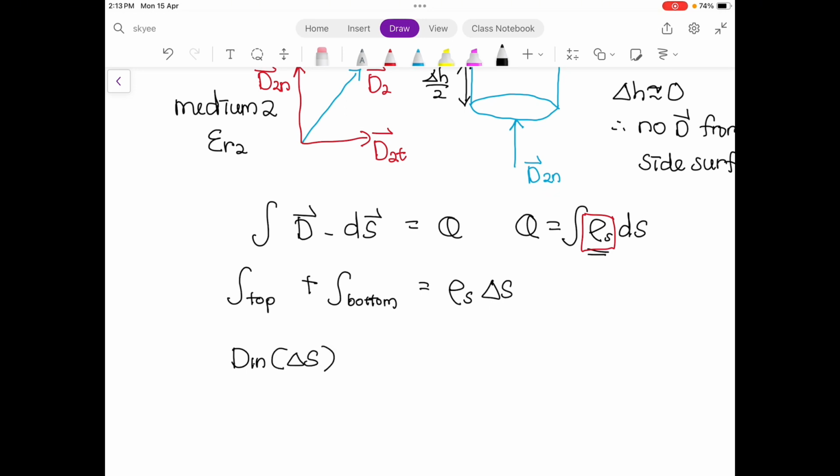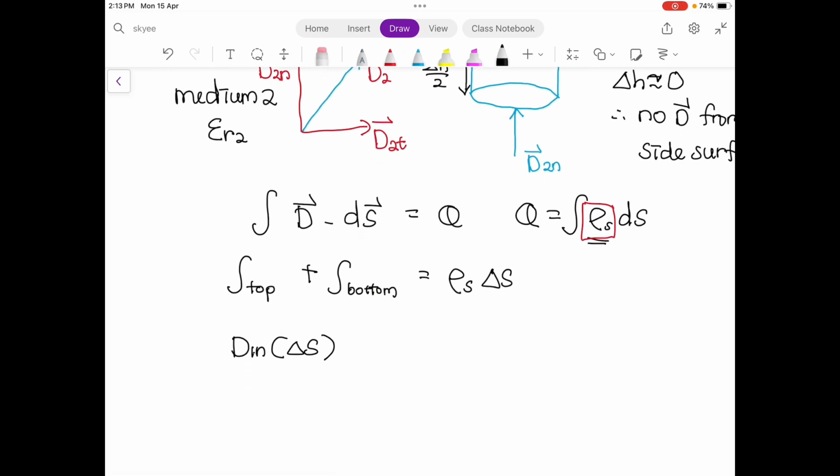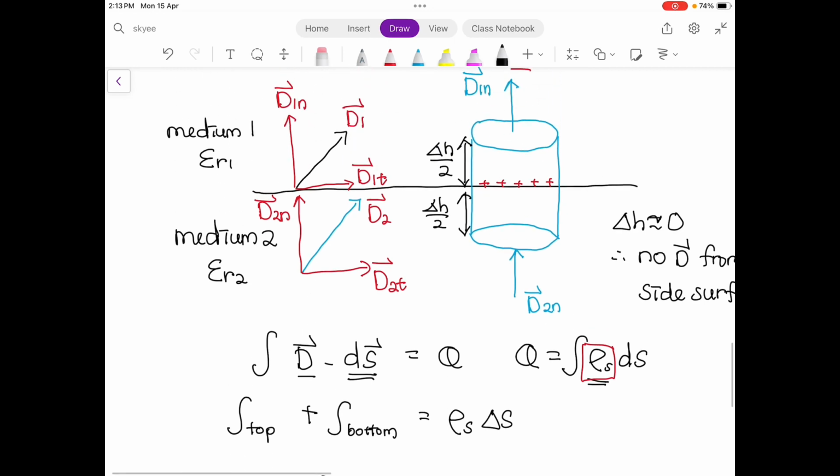And for the bottom, it will be negative. Why negative? If you remember, we have to look at the directions of the surface. For the top surface, your D is upward, and the surface is also facing upward. Same directions. The surface direction is upward.